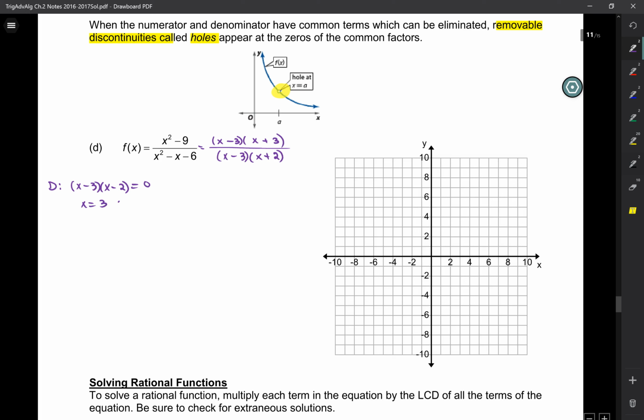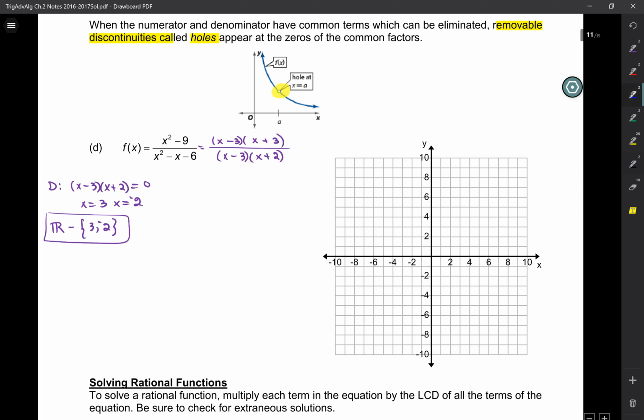So x equals 3, x equals negative 2. So the domain is all reals minus 3 and negative 2. I'm setting the denominator equal to 0, just like I always do. Now, the next step is I would always say, then there must be a vertical asymptote at x equals 3 and at x equals negative 2.